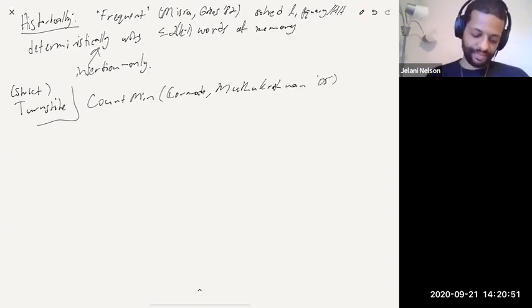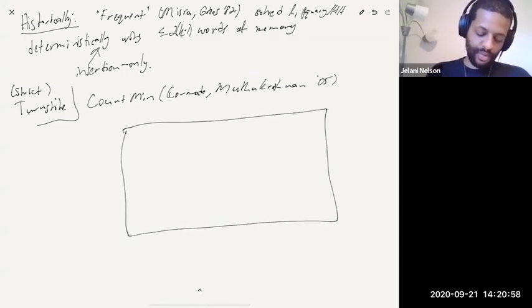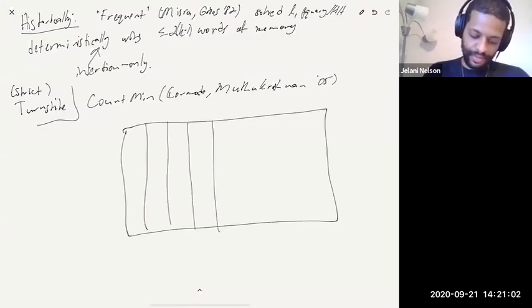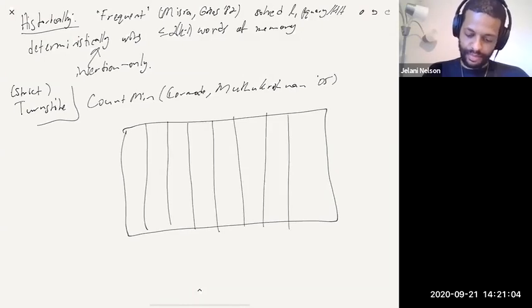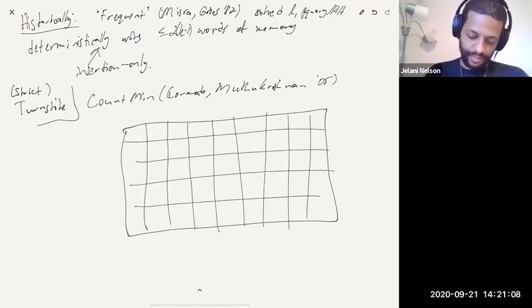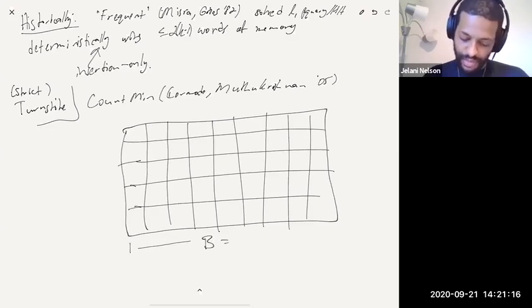And this is the idea. What I'm going to store in memory is a grid of counters, and the number of columns in this grid is going to be B, which is some constant times k.